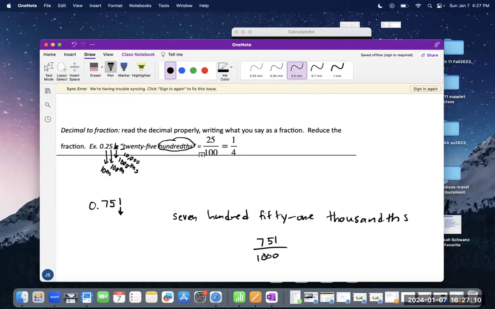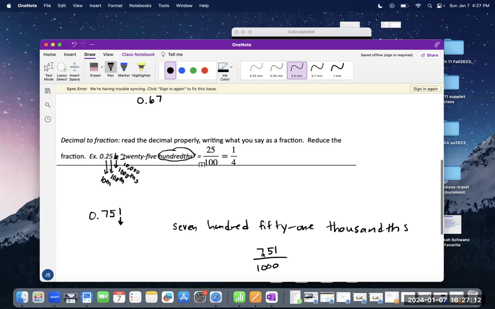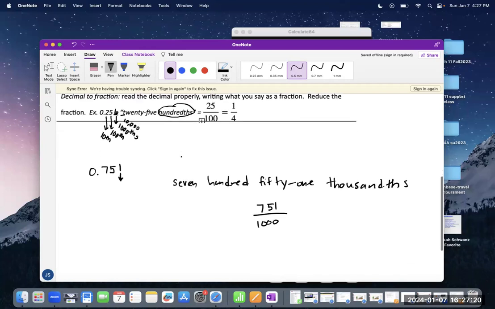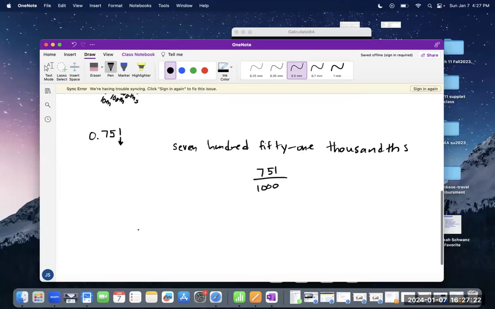Here's an alternative way of doing this. If you don't know your place values very well, or if you have trouble with this method, another way to do it is with any decimal. So let's just write it out like 0.651.